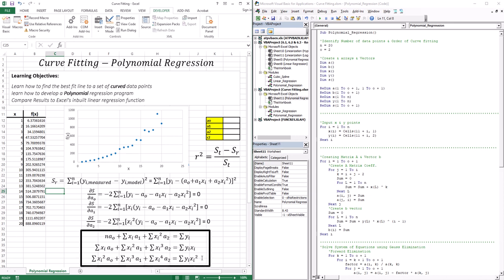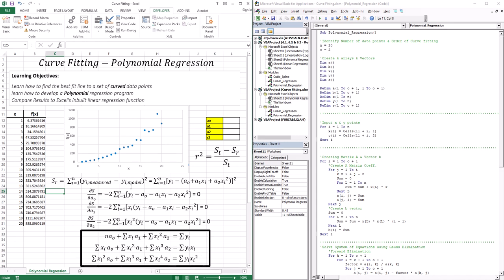Okay, so from this case, you can see that for us to actually solve the system of equations, we need to find the matrix A, right, the coefficient matrix A, and we need to find the vector B, which are the points on the right-hand side, right? So in curve fitting, polynomial regression is kind of like an intersection between optimization, curve fitting, and solving systems of equations, right?